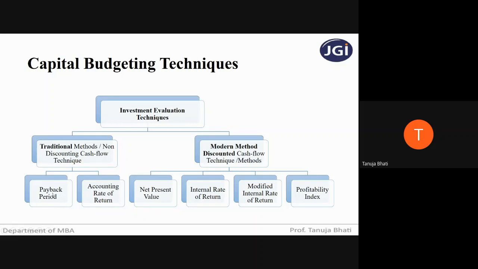This complete slide, what you can see, is going to be theory as well as problems. So from our next lecture, we are going to first see what the payback period is, how to calculate it, and how to use this technique. And the third thing is, with the help of this technique, how are we going to accept or reject a proposal? We are going to see problems on this.